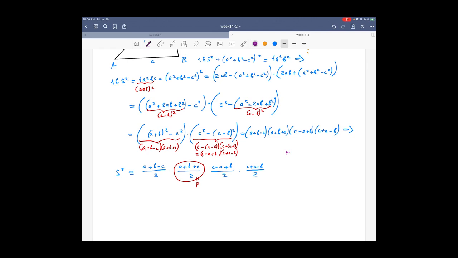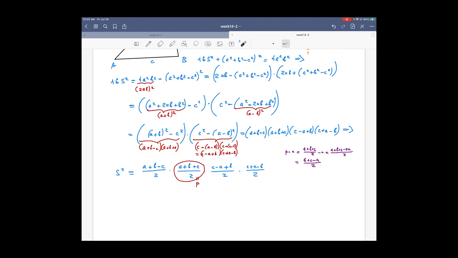What, for instance, is p minus a? That's b plus c minus a over 2.